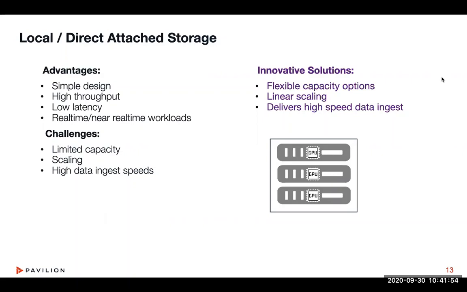It also has a lot of inherent overhead. The way this is all managed is through software, and that software is going to take up a lot of the processing cycles that you're adding. Every time you add compute to your direct attached nodes, you're consuming some of those compute cycles with overhead and management.